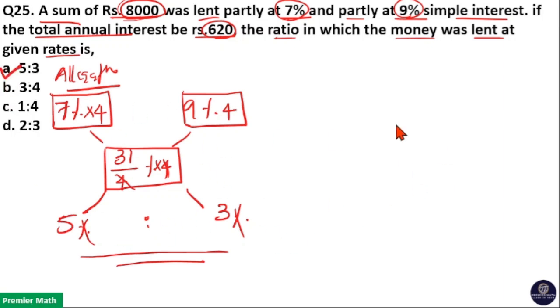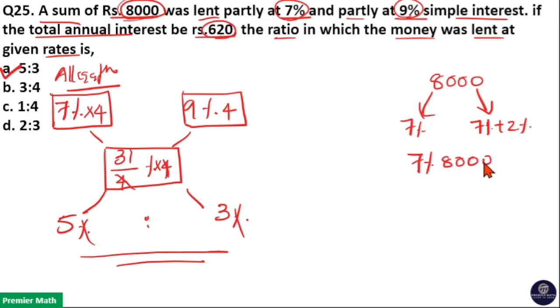If you want to do it in another method, here 8,000 is the total money and one part lent at 7% and the other part lent at 9%. I will write it as 7% plus 2%. Now 7% of principal 8,000, 00 cancel, 7 into 80 is equal to 560.